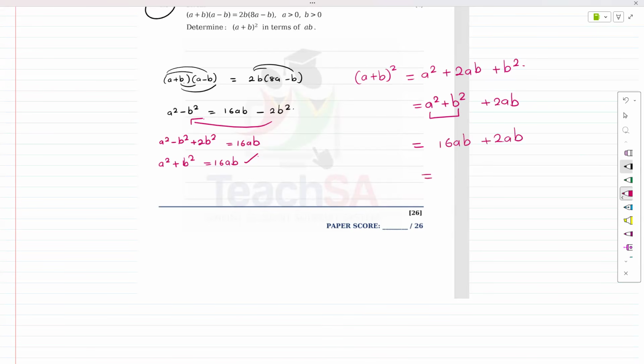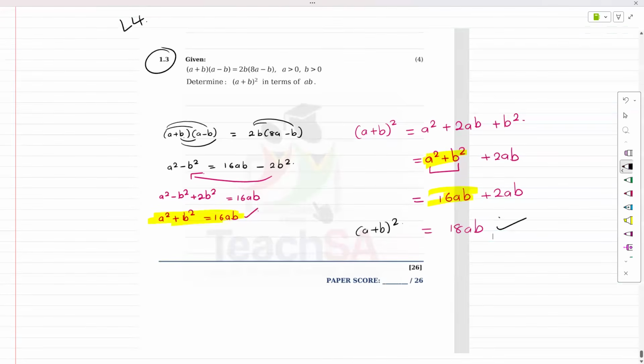Our final answer is 18ab. The entire question was to deal with this part so that I knew that was equal to that. Now we know that a plus b squared equals that, in terms of a and b, because they wanted it as a multiplied by b. But that's all there is to this question.